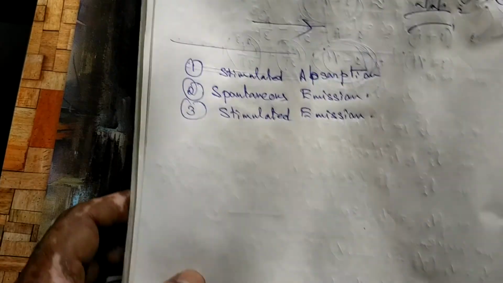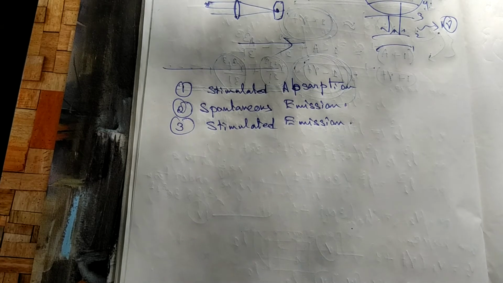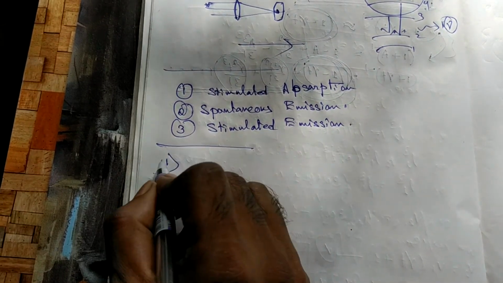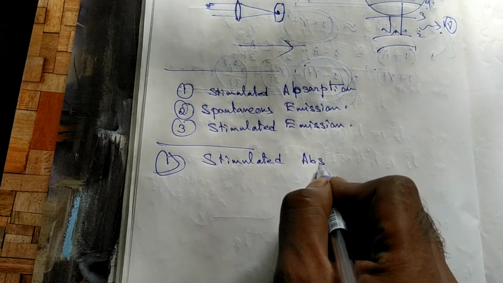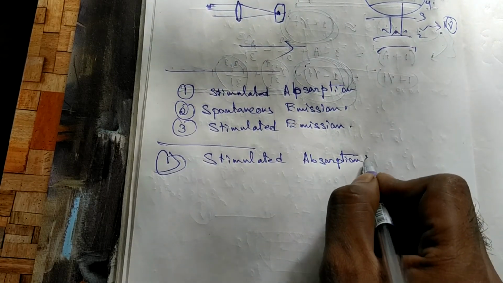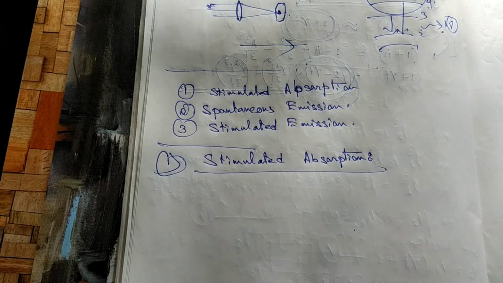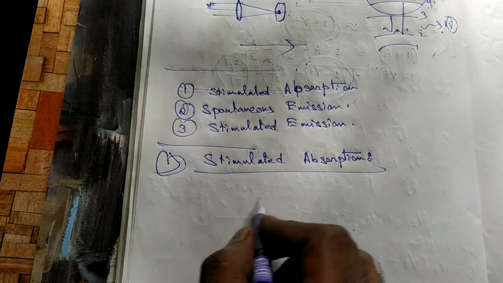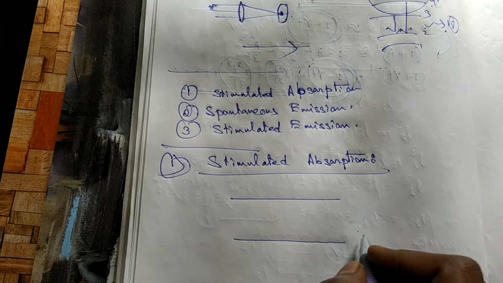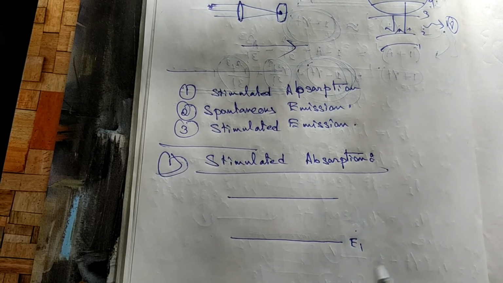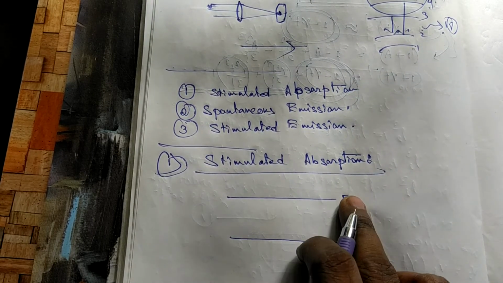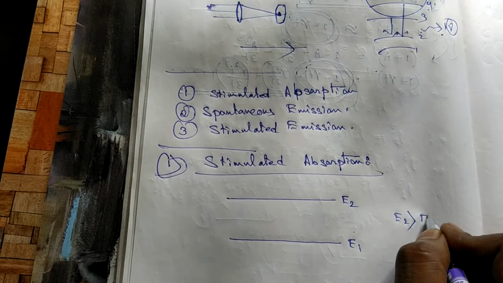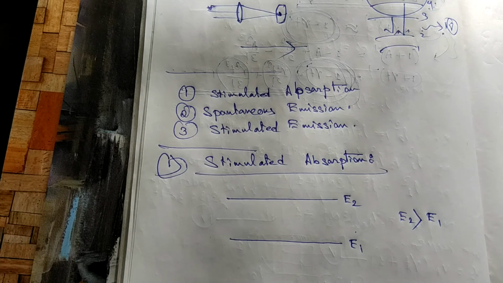Okay, so the first one we explain here is stimulated absorption. How is it possible? Suppose this is one orbit with energy E1. This is another orbit with energy E2, or energy state 1 and energy state 2, where E2 is greater than E1. E2 is a higher energy state, E1 is a lower energy state.